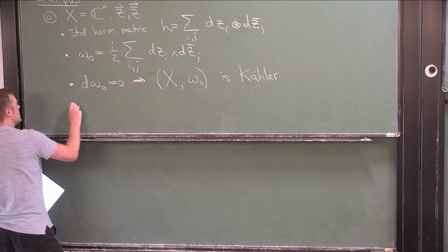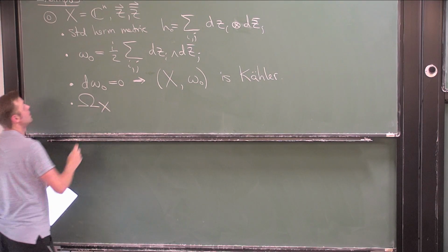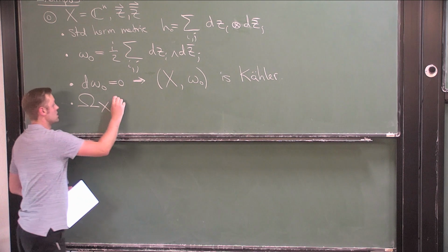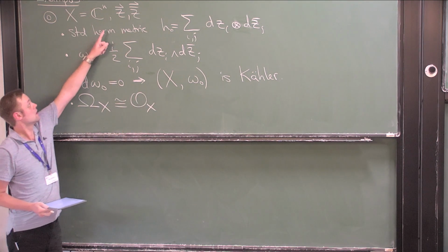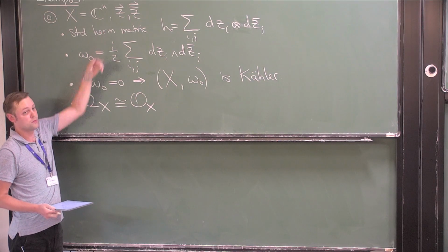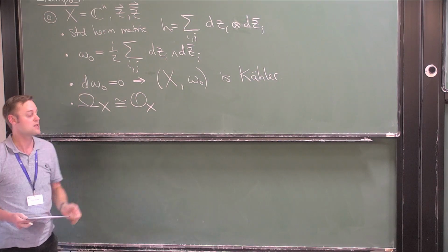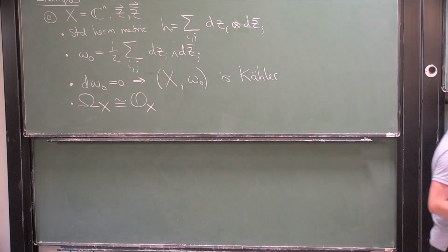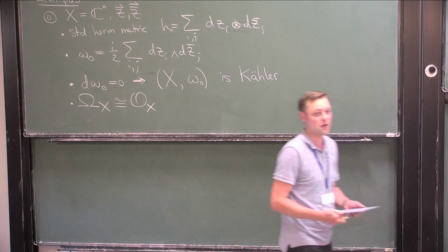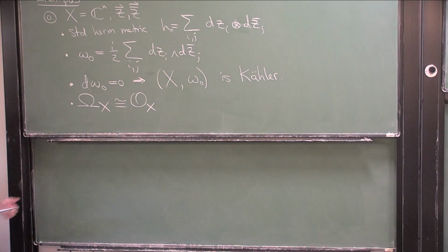Remember also that the canonical bundle of the Euclidean space is trivial because it has the obvious global volume form, just wedge all the dz's. So almost everything checks out for it to be a Calabi-Yau manifold, except one thing: it's not compact.